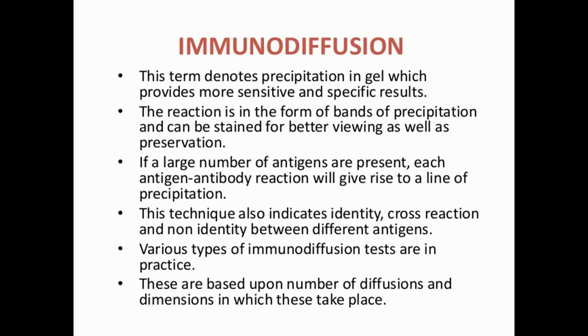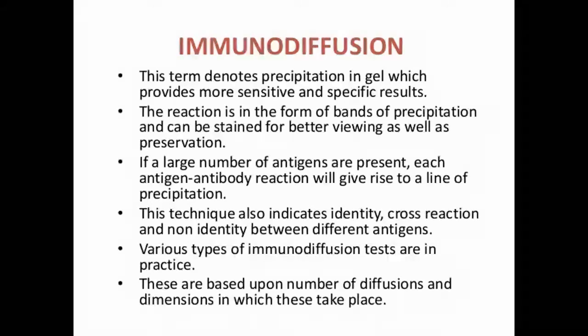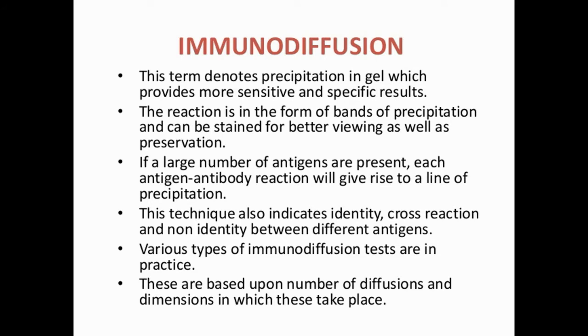This technique also indicates identity and cross reaction. It is used to indicate whether the antigens are identical or not. If they are non-identical, there will be cross reactions between the different antigens.